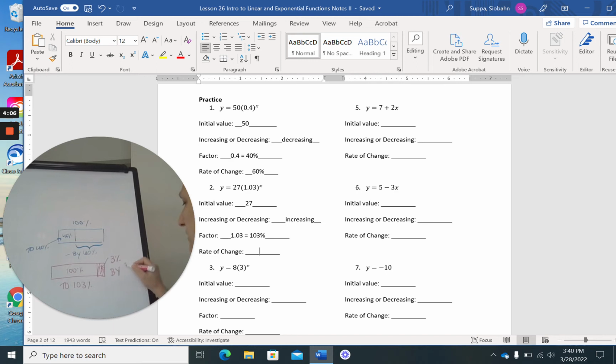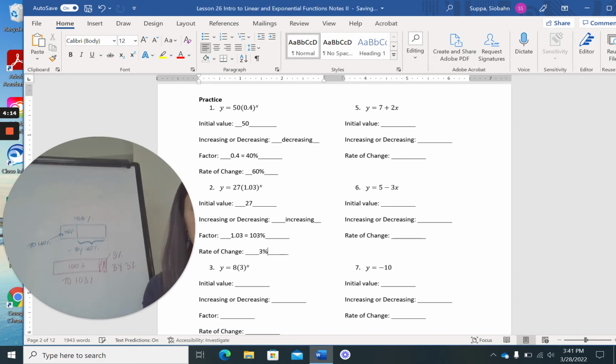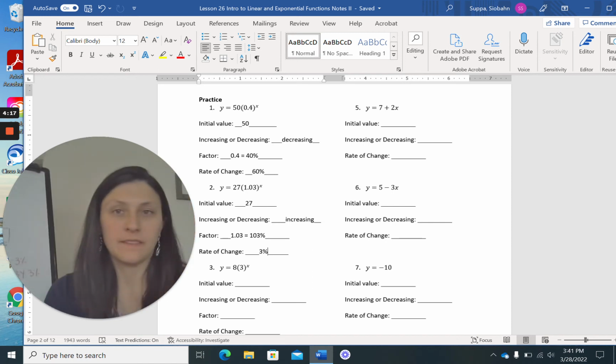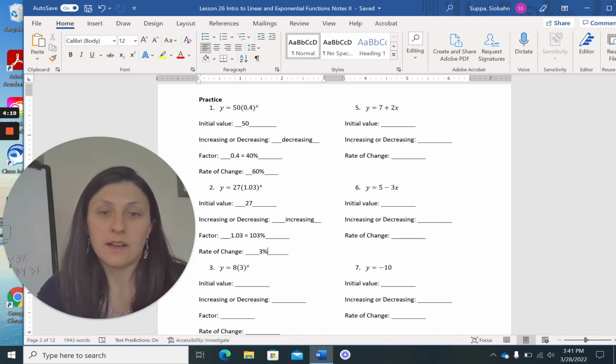So that must be an increase by 3%. So that is your rate of change there. It should be 3%. All right, notice that I'm only dealing with percents when I have exponential functions. So when we do these linear examples, you won't have any percents.